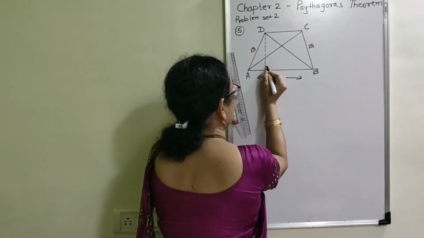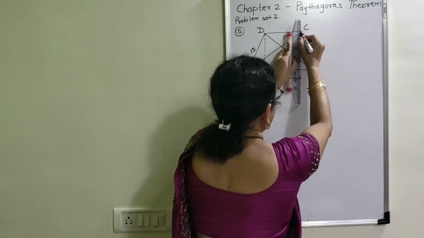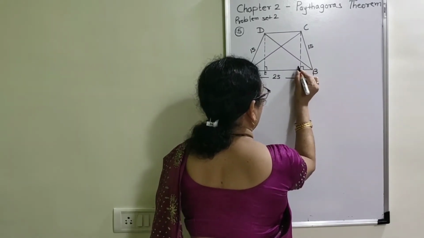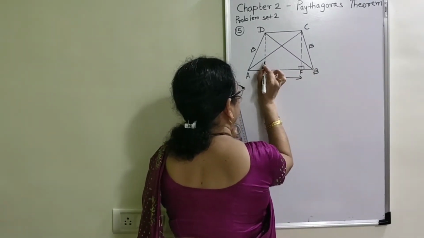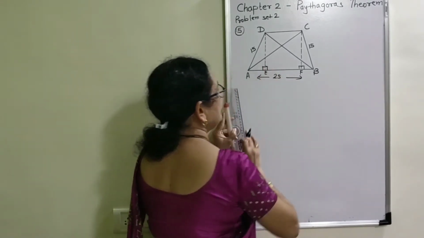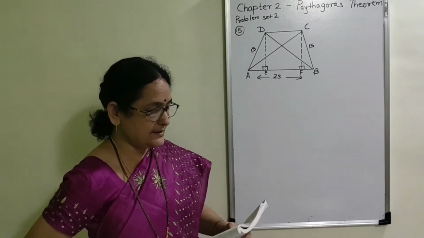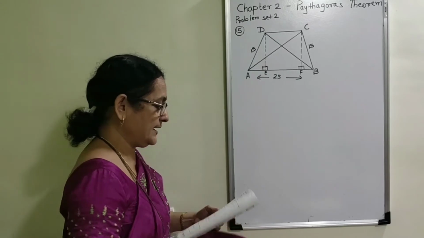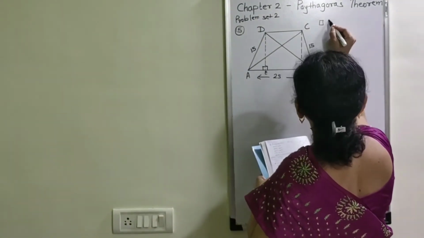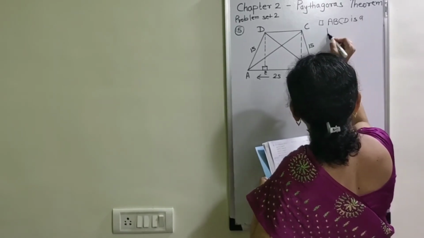Suppose this is the dotted line and DE is perpendicular on AB as well as CF is perpendicular on AB. To determine the height, we are going to take this perpendicular. Now write down first of all the given things, that what is given in the example: quadrilateral ABCD is a trapezium.